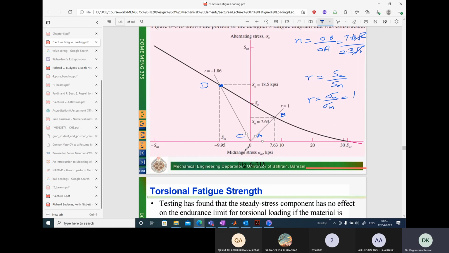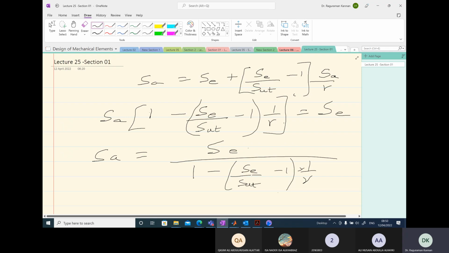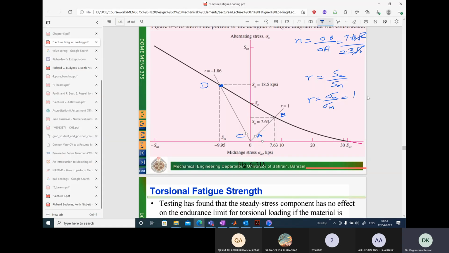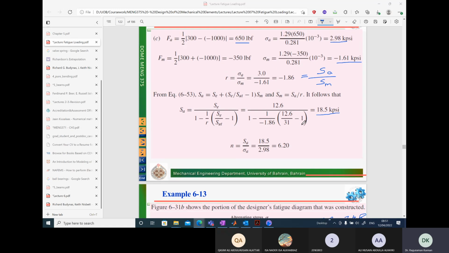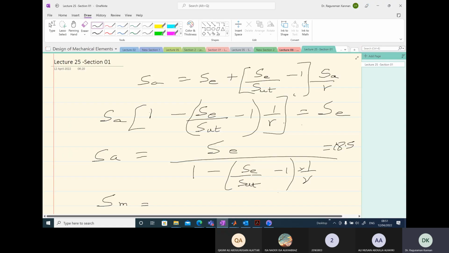So we can calculate SM here. This is 18.5 kpsi in the problem according to the calculation, and the R value is negative 1.86. The SM will be 18.5, your SA value, over 1.86.